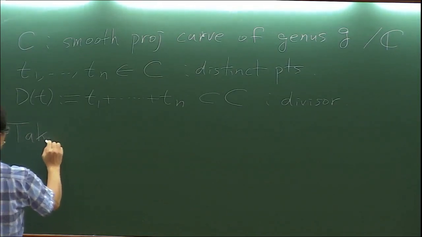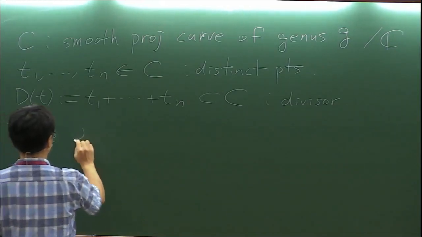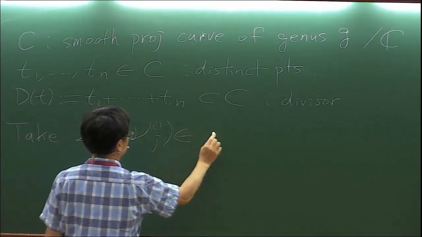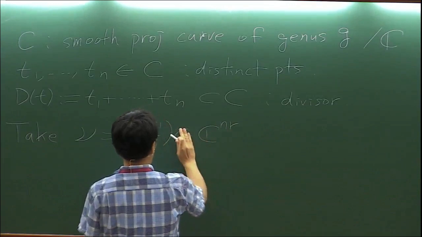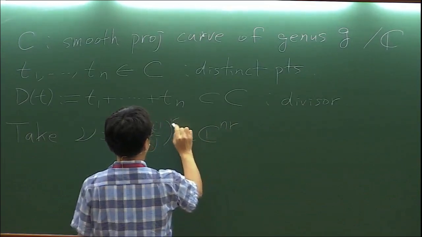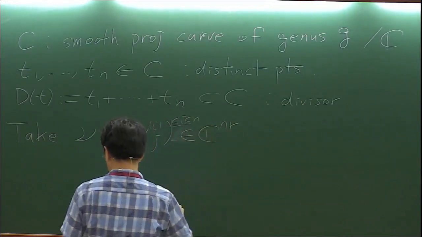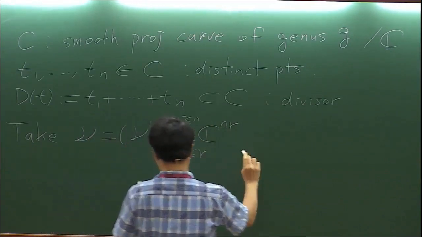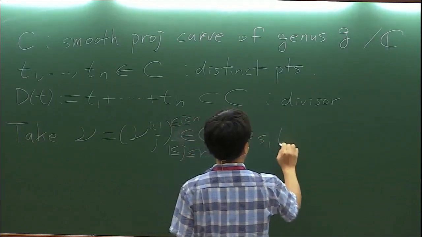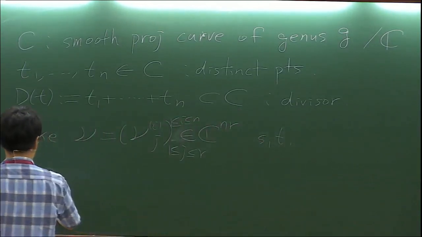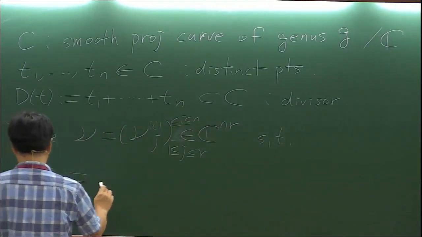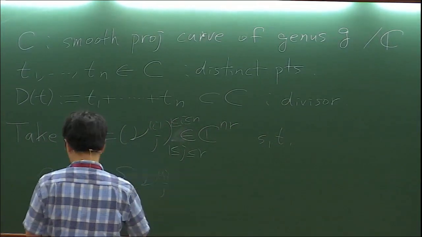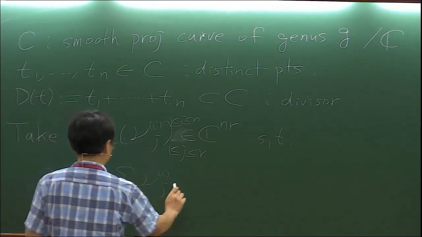We take a tuple of complex numbers, which is the data of exponents, satisfying a certain residue condition, which is sometimes called Fuchs's relation.